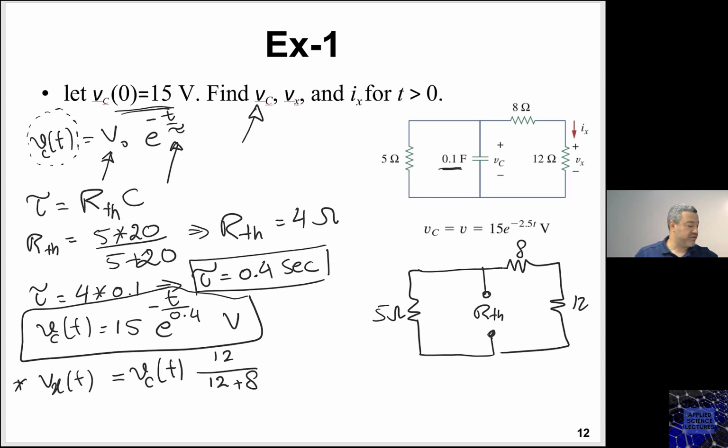So this is the voltage Vx, which is 12 divided by 20, that equals 0.6. So I have here Vx(t) is 0.6 of this 15, which is 9 e to the power minus t over 0.4 volts.